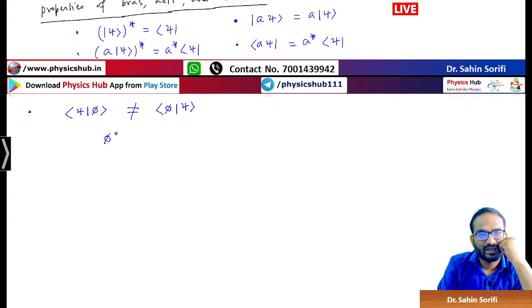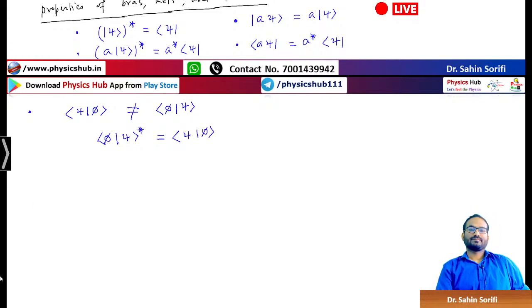Rather, phi psi star is equal to psi phi. So ordering is important. You can see the psi phi scalar product star. So what is psi phi? It is phi star of r,t, psi of r,t. Try to understand it.